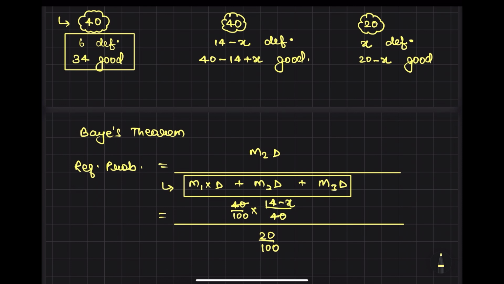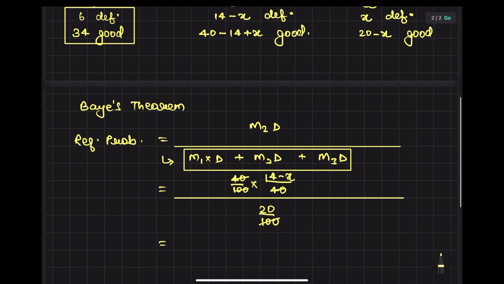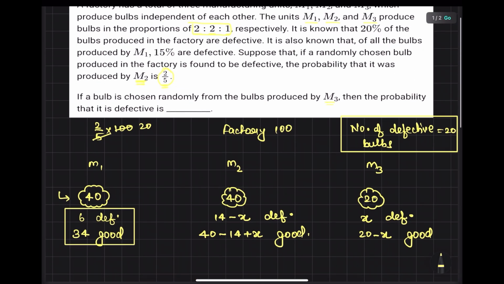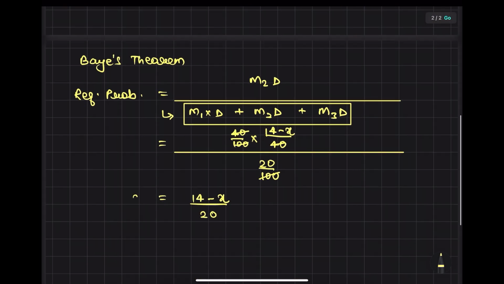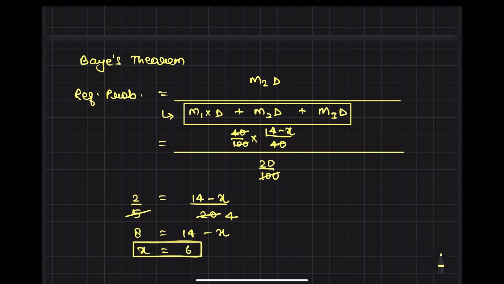This cancels, this cancels, and it is 14 minus X by 20. And they have given the probability as 2 by 5. So altogether it is 2 by 5. Again you can simplify: 8 equals 14 minus X. So X will become 14 minus 8, which is 6. So the value of X is 6.